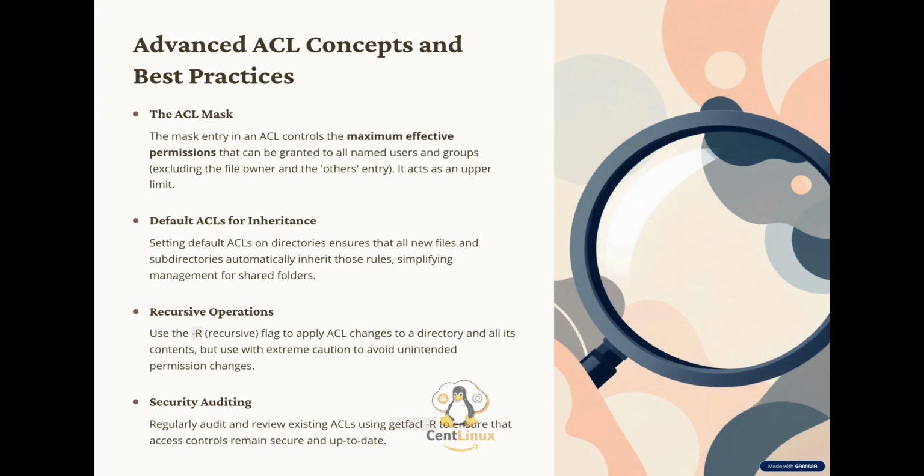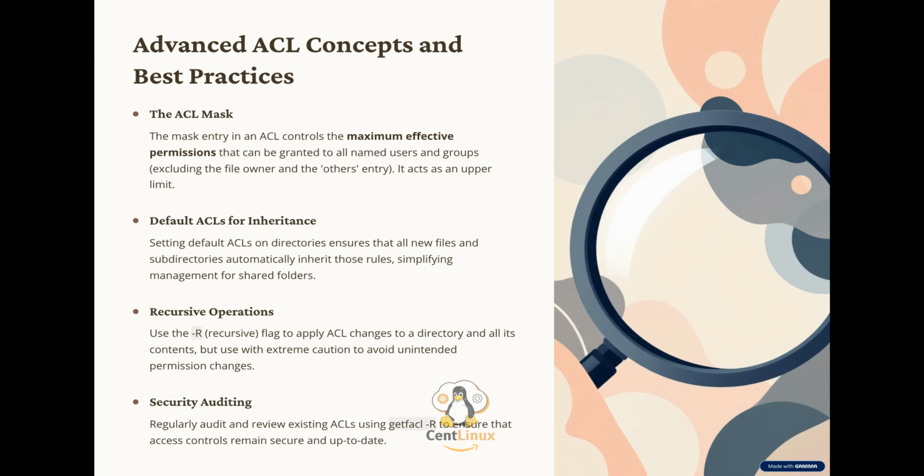When working with ACLs, keep a few advanced concepts in mind. The ACL mask. The mask defines the maximum effective permissions for all named users and groups, except the owner. If the mask is restrictive, even generous ACL entries may not take effect. Default ACL inheritance. Directories can have default ACLs, ensuring newly created files automatically follow the correct permission pattern.